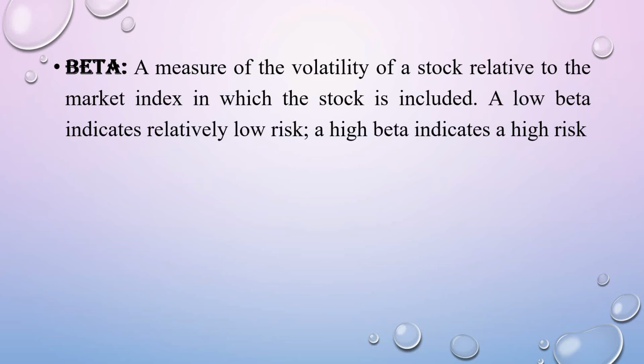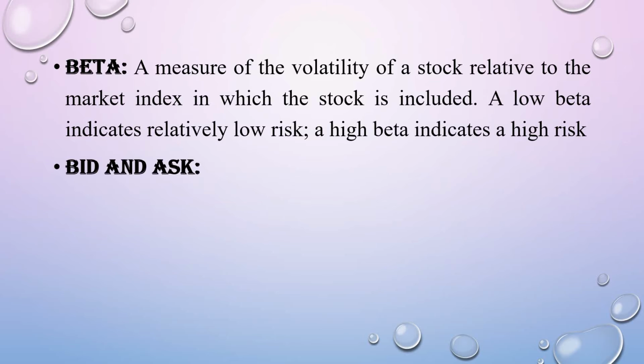A low beta indicates relatively low risk, and also gives a low rate of returns. A high beta indicates a high risk, and in the same way, it gives a high rate of profit. So we can tell that low risk, low profit; high risk, high profit.